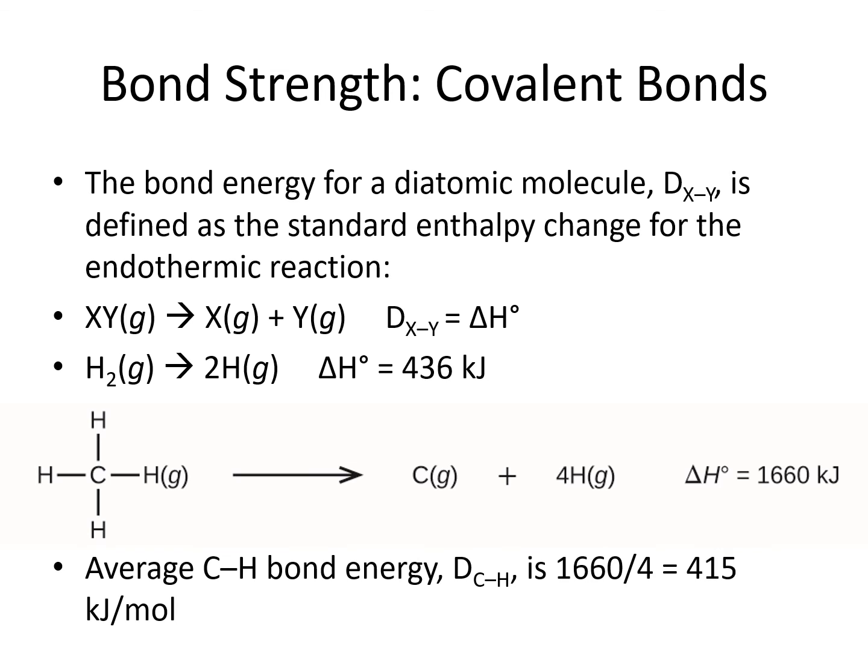But that's going to be covering 4 bonds being broken. So if we want to find the average CH bond energy in methane, we're going to take that 1,660 and divide it by 4, and that tells us that each individual bond has an energy of 415 kilojoules per mole.